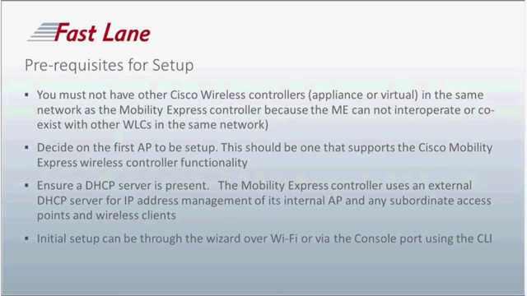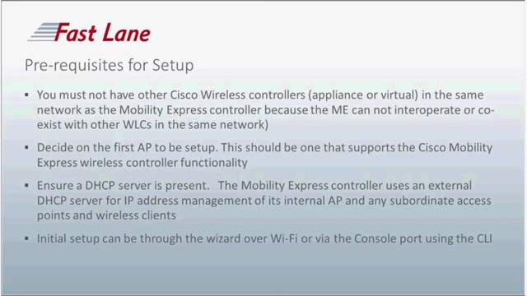And the reason behind that is because when the 1800 series boots up, it is a normal AP boot up where it does a hunt and discovery for a wireless LAN controller. If it cannot find one, then it will decide, okay, I'm therefore going to be a virtual wireless LAN controller. So it cannot interoperate with any other wireless LAN controllers within the same network.